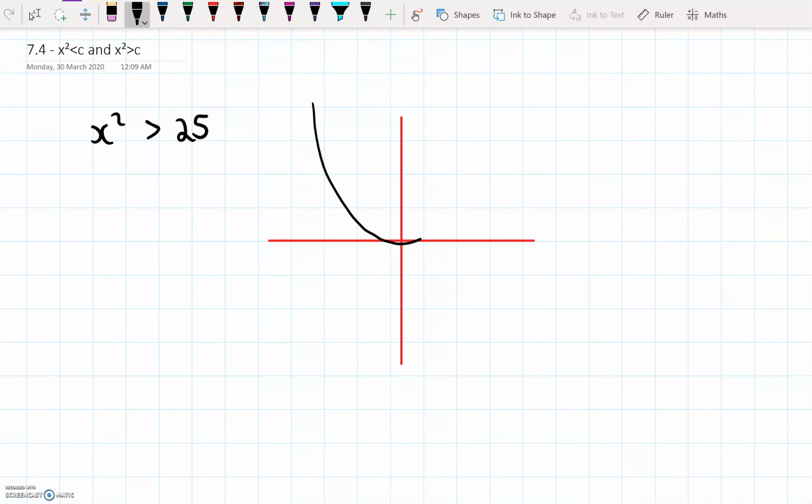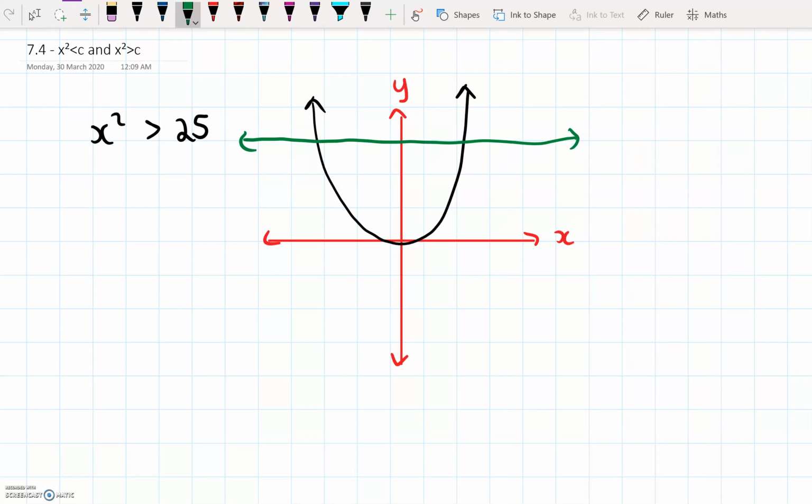It goes through the origin. X and y. And then our line for 25 means we have a line like this, and this is y equals 25. So these are our two functions, y equals x squared and y equals 25.